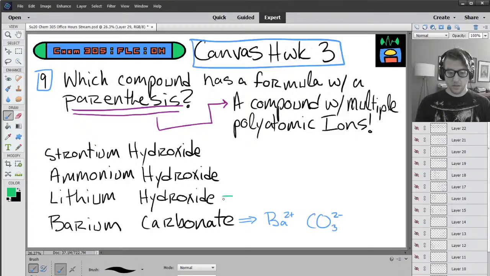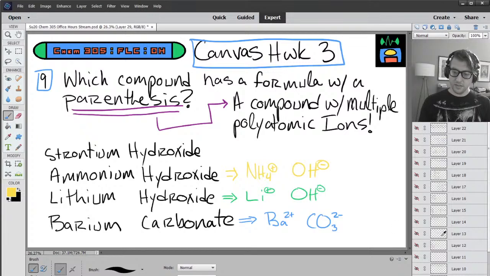Lithium hydroxide: lithium is +1, hydroxide has a charge of -1, so again, that's a 1-to-1 ratio. Ammonium hydroxide: ammonium's a polyatomic ion whose charge is +1. Hydroxide is -1, so that can't be it.